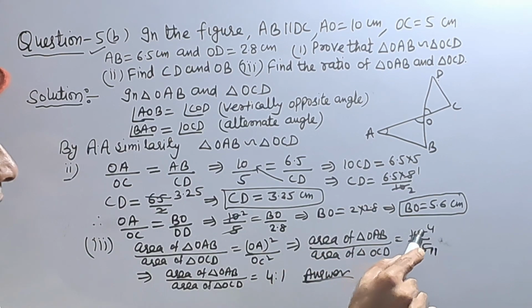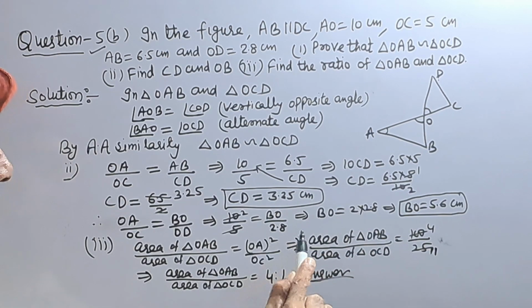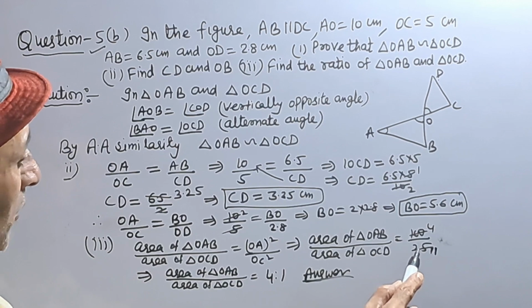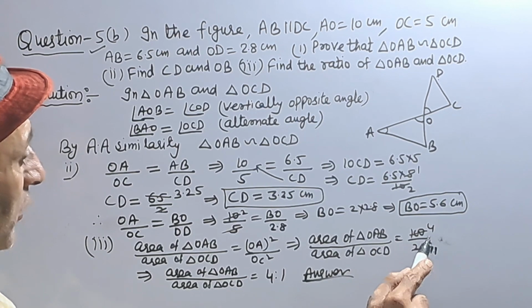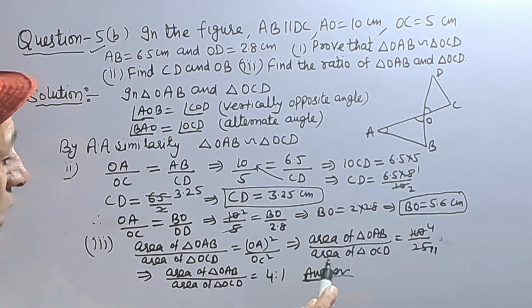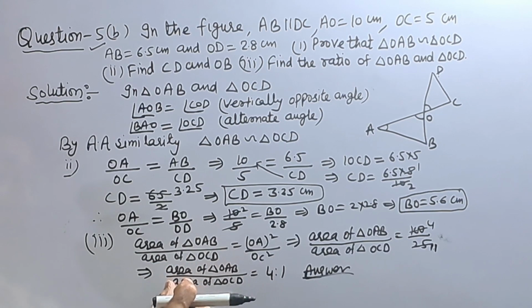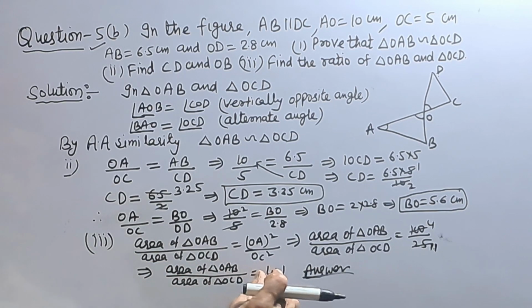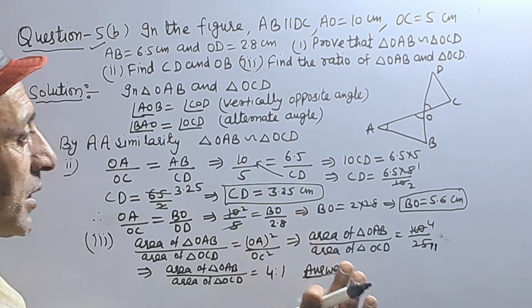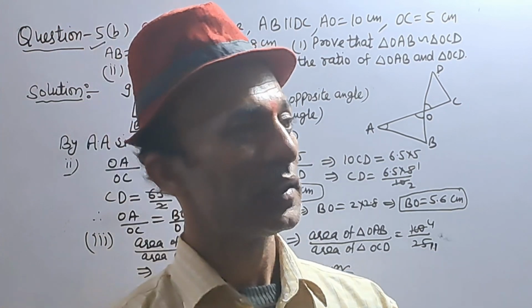OA is 10, 10 square is 100, and OC is 5, 5 5s are 25, and 25 4s are 100. Then area of triangle OAB upon area of triangle OCD is equal to 4:1. Answer. Thank you.